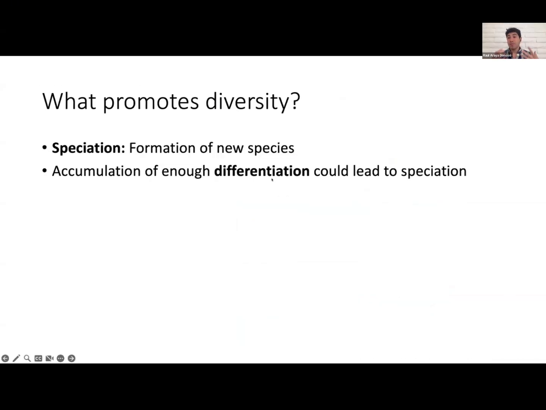So let's go one step back and ask ourselves what promotes or generates diversity. The first thing we need to know is that the process of speciation is what creates new species. And the accumulation of differentiation between populations over time is what leads to speciation.